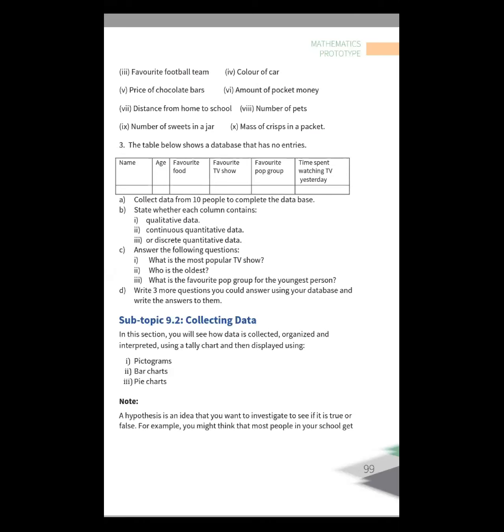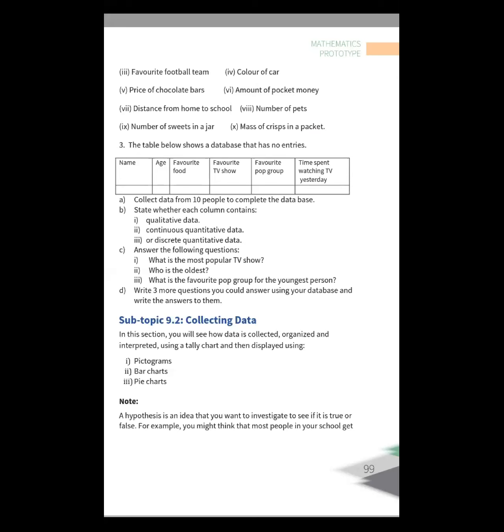Okay, my family. We don't really reach 10, so I included my cousins. One of my cousins is called Shamin. She's 26. Her favorite pop group is Blackpink. Her favorite TV show is some TV series called Insatiable. Her favorite food is fish fingers.